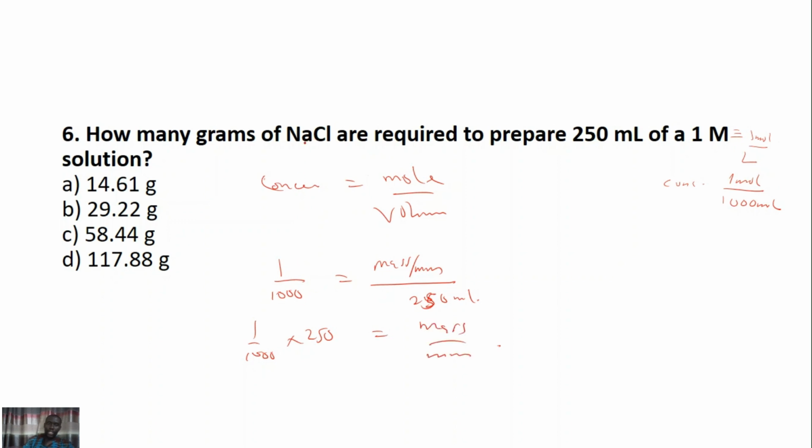We know that the molar mass of sodium chloride is 23 plus 35.5, which is equal to 58.5. If we simplify, it is 1 over 4 times 58.5, which is the molar mass of the sodium chloride. That will be equal to the mass.